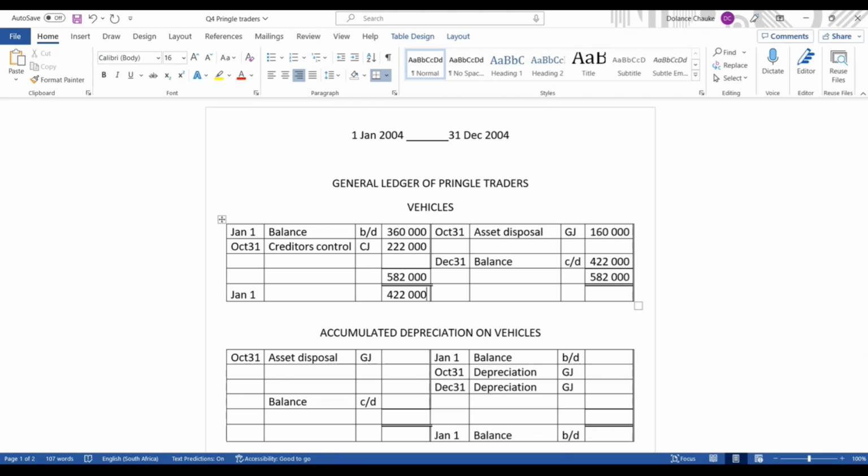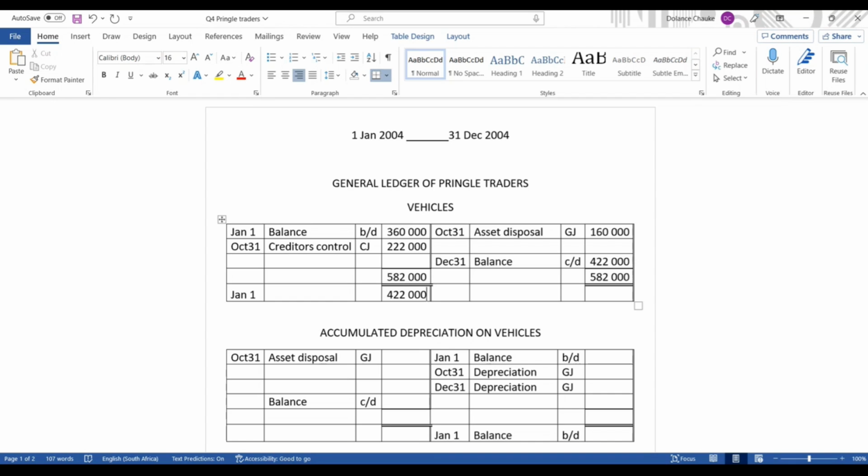As I was explaining in the beginning, the closing balances of the previous year are the opening balances of the following year, or the current year. So I hope you get that. So here we're done with our vehicles account. Can we proceed? Sure, we can.